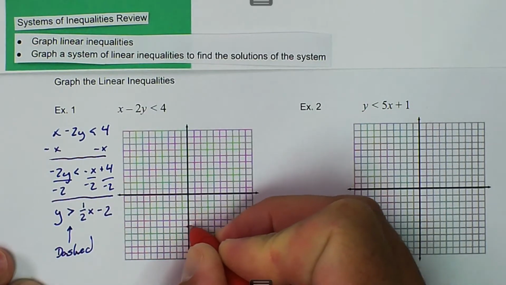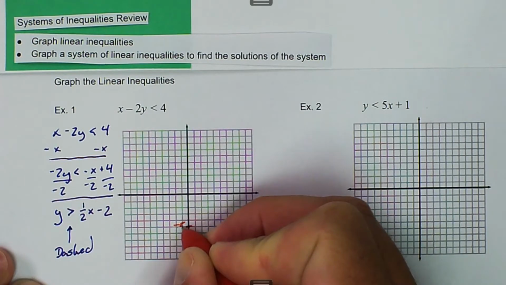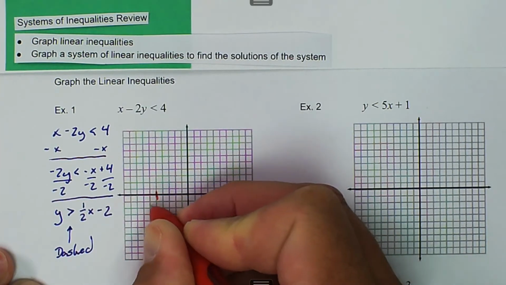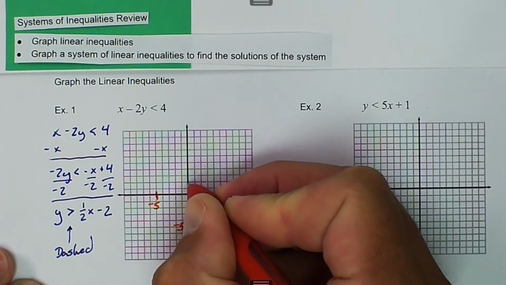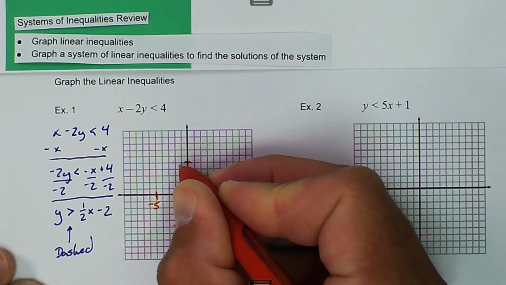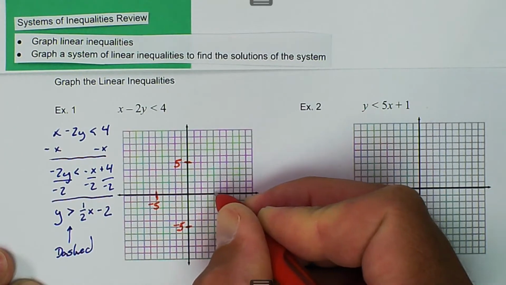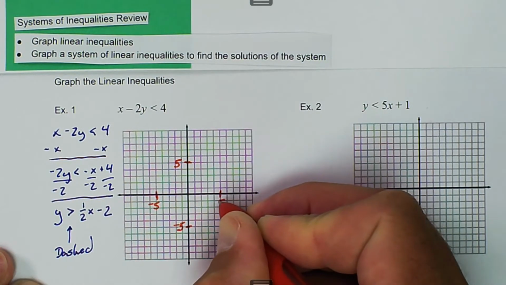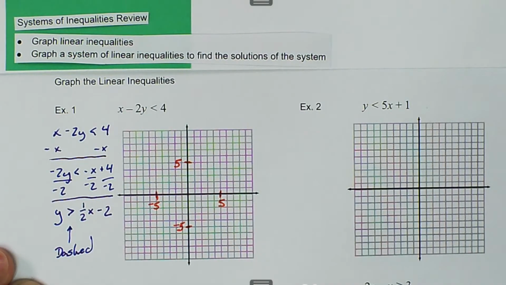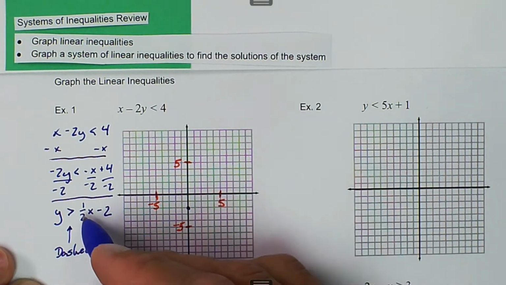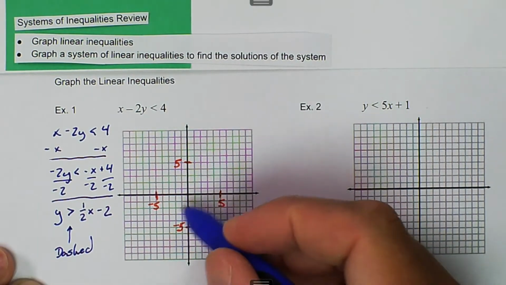So right here, we'll have negative 5, 1, 2, 3, 4, 5 along each axis. So to graph this, we're going to go up to negative 2. And then our slope is up 1 over 2.